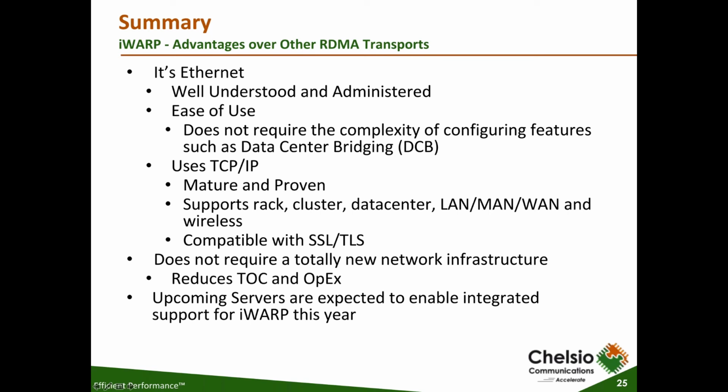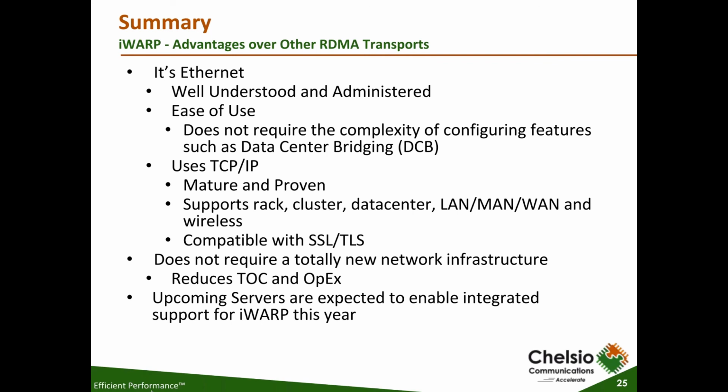So what would be some of the advantages of iWARP over other transports? Well, it's Ethernet. Everybody knows Ethernet. Everybody knows it works. It's TCP/IP. It's mature. It's proven. It's been used for many years. iWARP does not require a totally new infrastructure, like Paul mentioned.